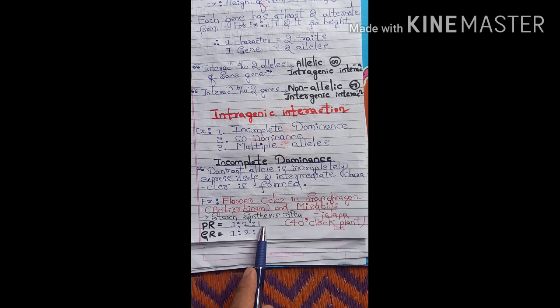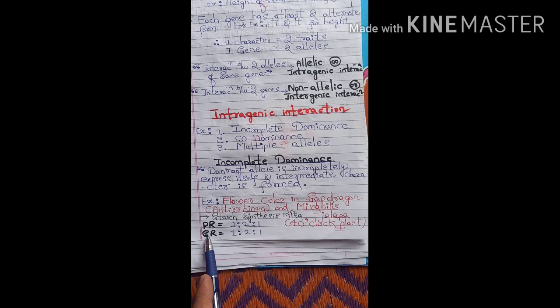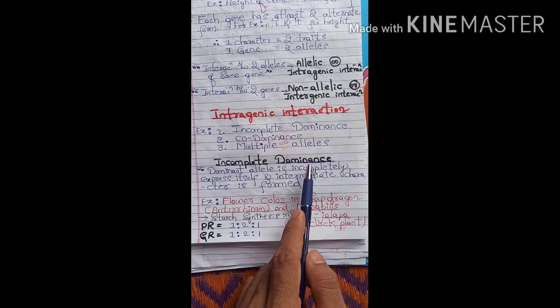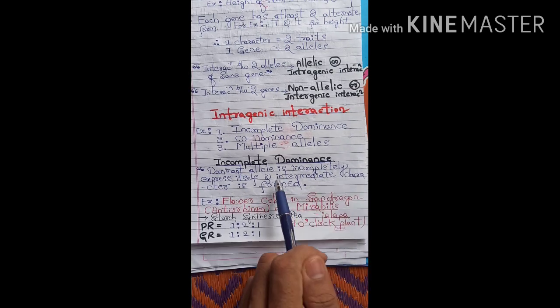But in case of incomplete dominance, the phenotypic ratio is 1:2:1. Similarly, the genotypic ratio is 1:2:1. So here both phenotypic and genotypic ratios are the same. I hope you understood incomplete dominance with examples; you have to remember them.